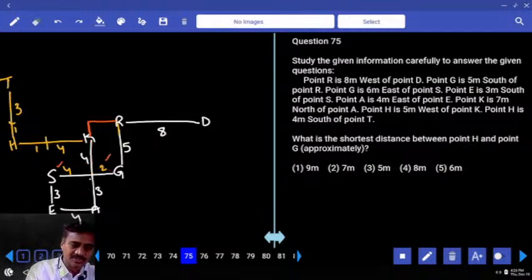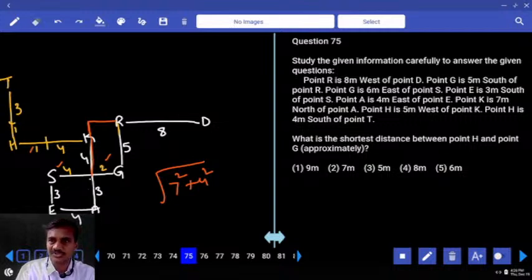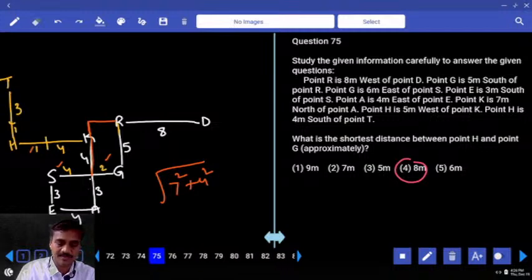Now this is 2 plus 4, how much? 6. And 6 plus how much? 7. Now horizontal 7 squared is 49, and vertical 4 squared is 16. 7 squared plus 4 squared, 49 plus 16, how much? 65. 65 is approximately 8 meters. That is the choice for question number 75.